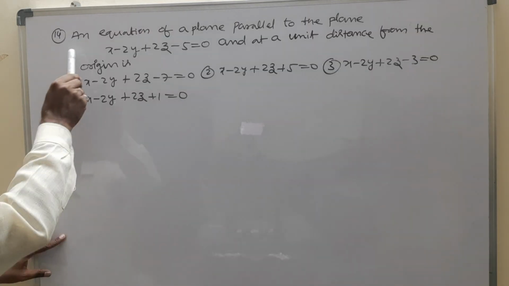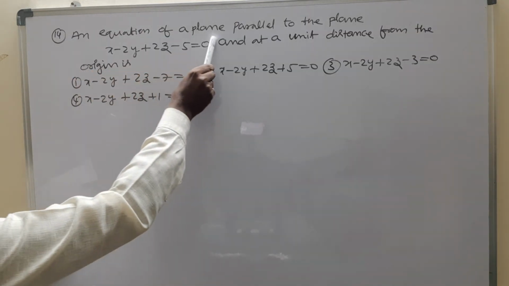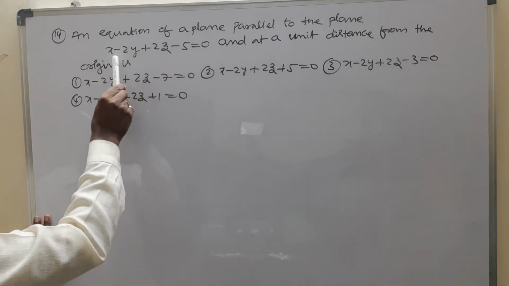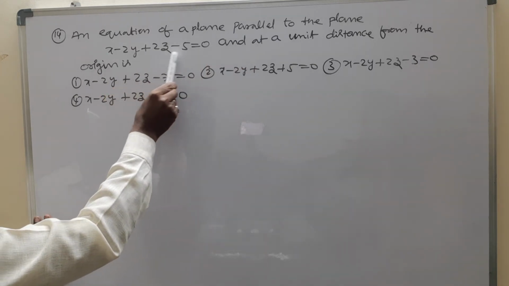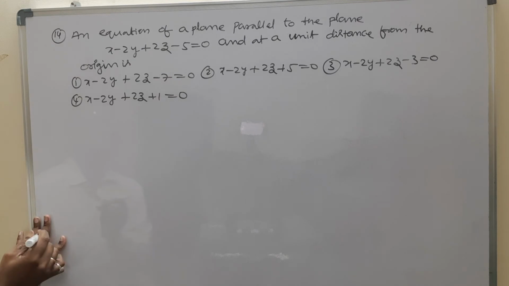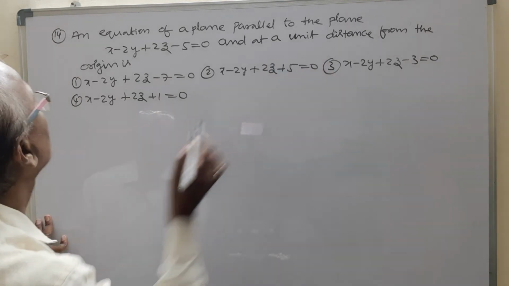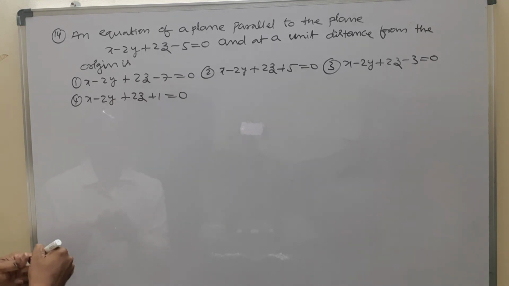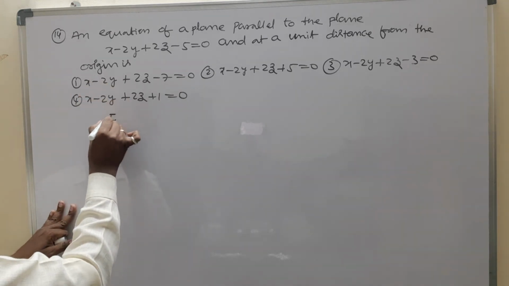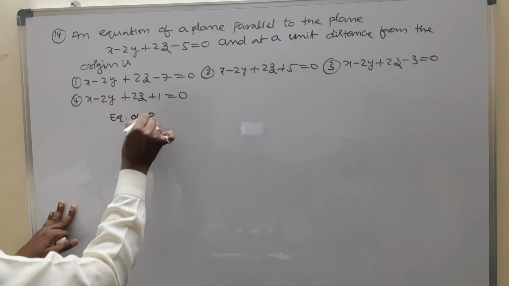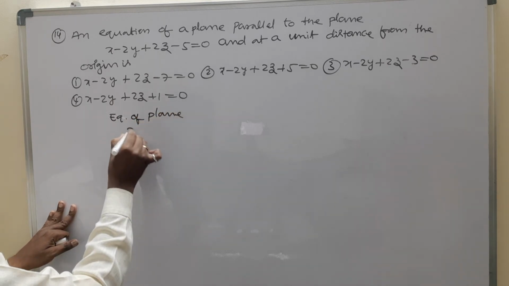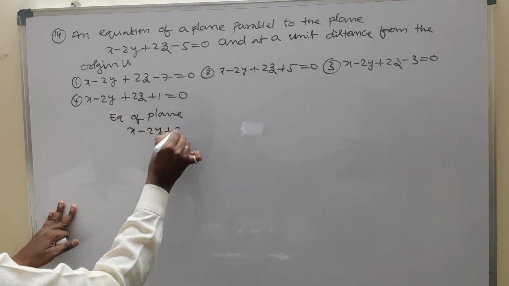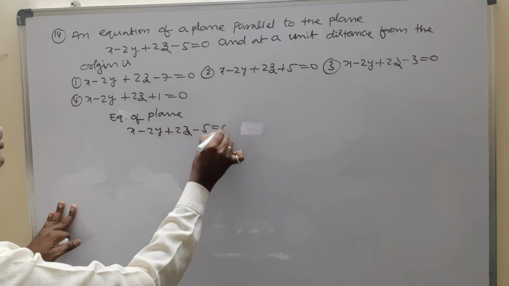Question number 14. An equation of plane parallel to the plane x - 2y + 2z - 5 = 0 and at a unit distance from the origin is. Here the four options are given. The equation of plane is given: x - 2y + 2z - 5 = 0.